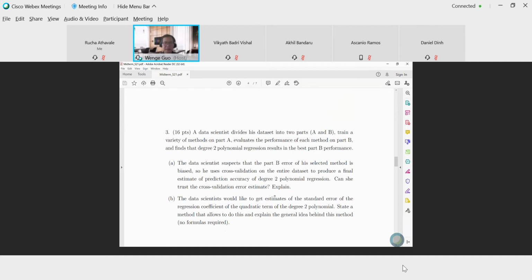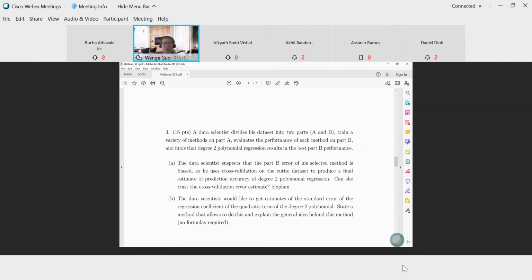Third question, part B. We said we use the bootstrap to estimate this standard error. We do resampling to generate the bootstrap data from the original data.